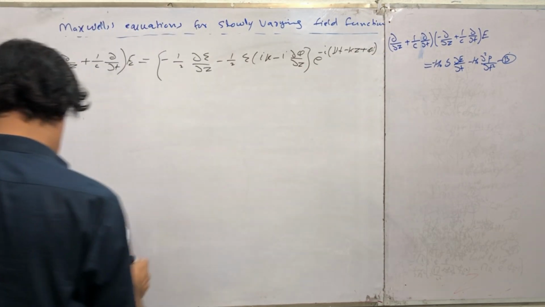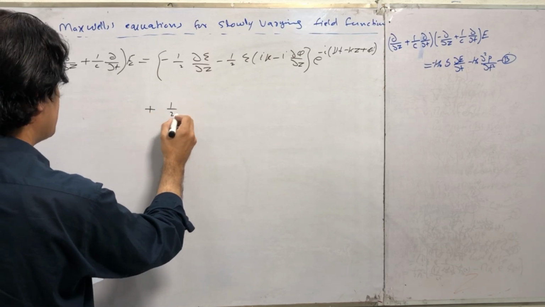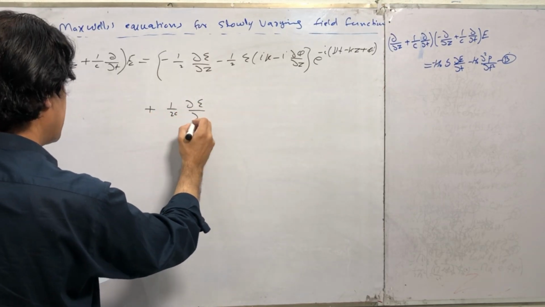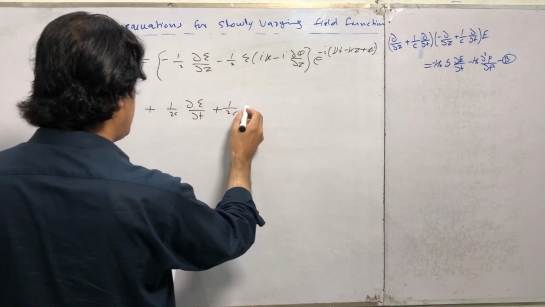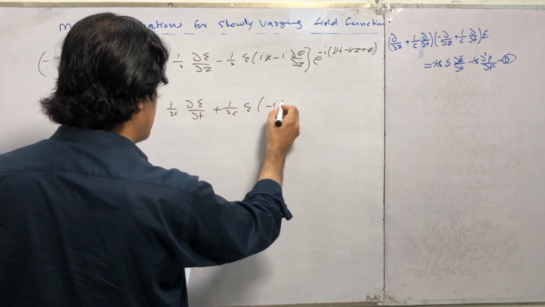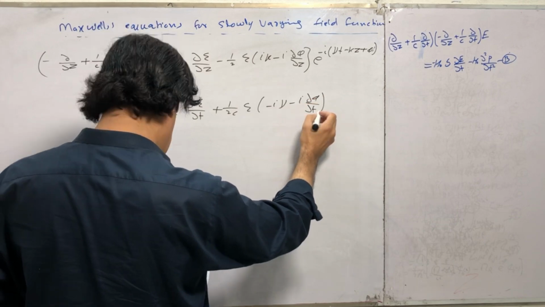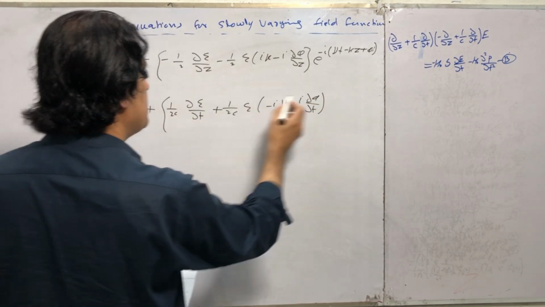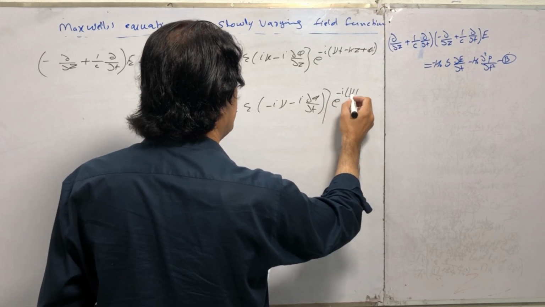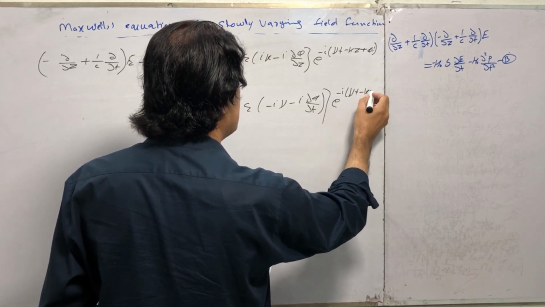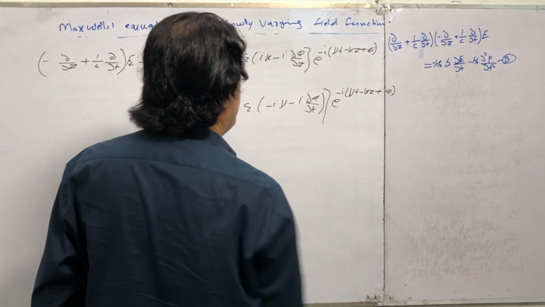So one part is this, and the other part is 1 over 2c partial e divided by partial t plus 1 over 2c e minus iota nu minus iota partial phi divided by partial t. You can check, this is not very complicated one, minus kz plus phi.